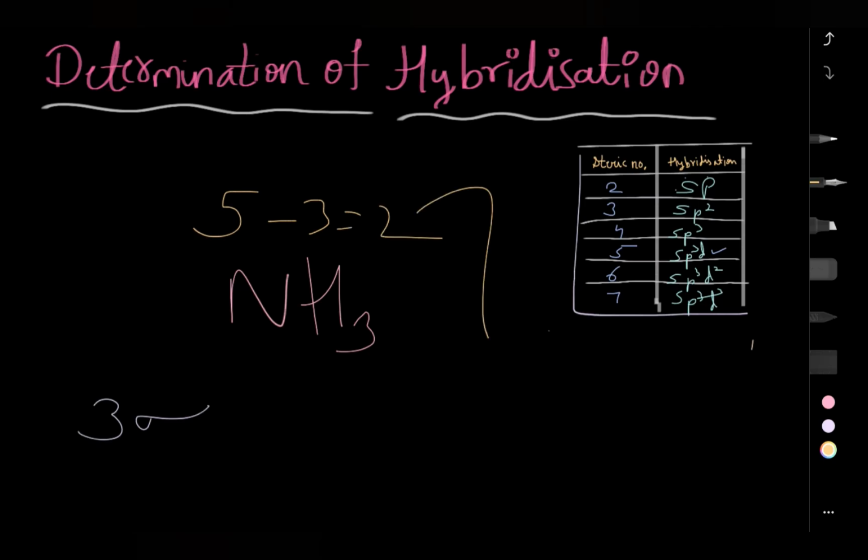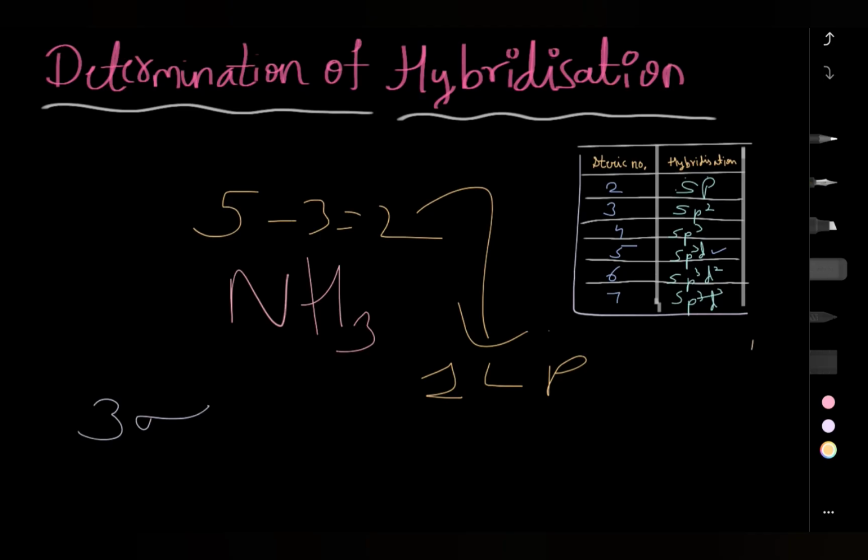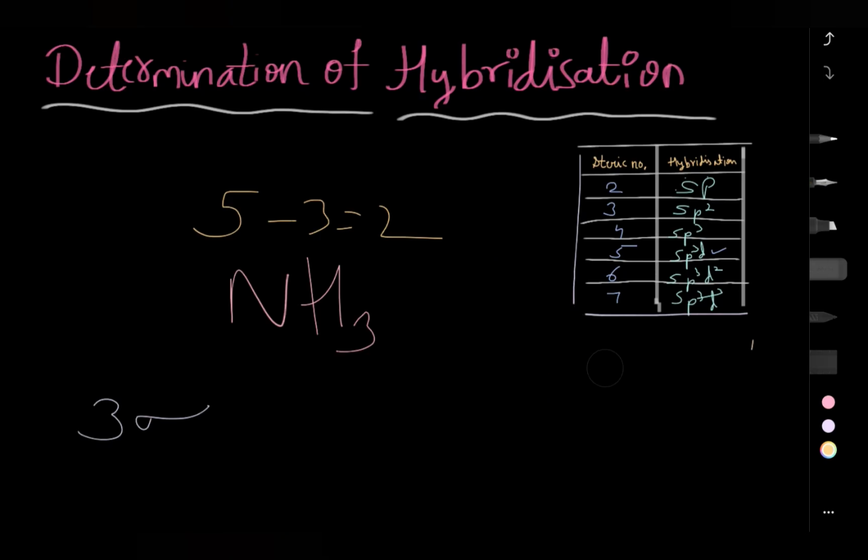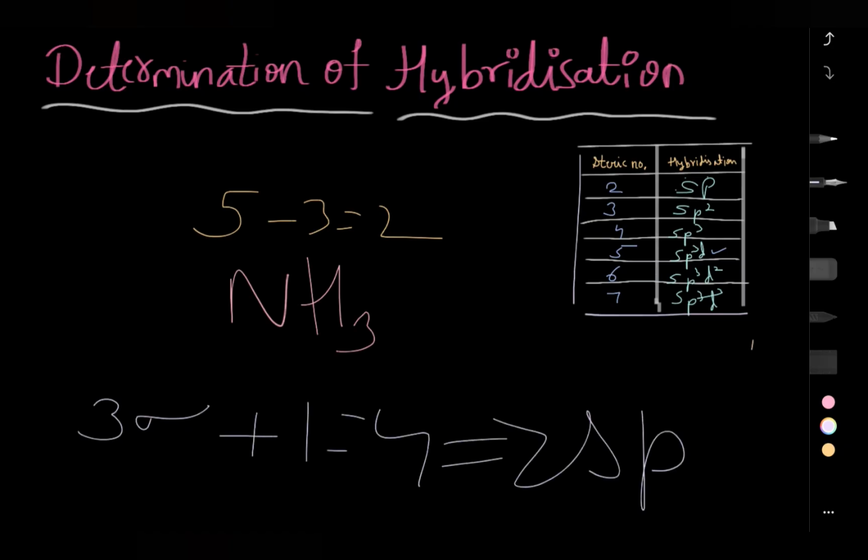If I have 2, it means that I have one lone pair, and totally I need, now what I need is plus 1, which equals 4. Again it is sp3 hybridized.